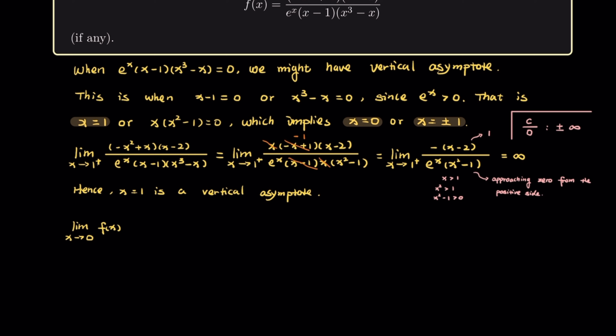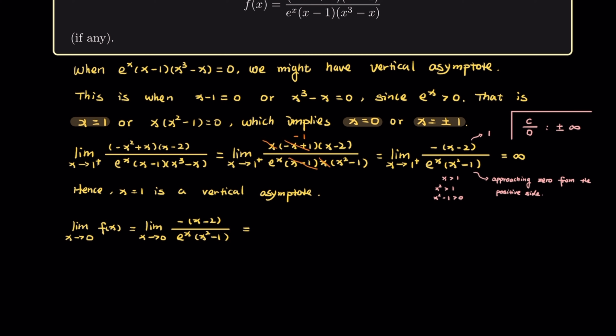Now I'm going to go strictly to the expression after the simplification. So that's the limit as x approaches 0 of negative x minus 2 over e to the power of x times x squared minus 1. If we plug in this 0, you'll see that on top we have a constant, negative 0 minus 2, which is -2. On the bottom, you also have a constant. In this case, it's the easiest case.